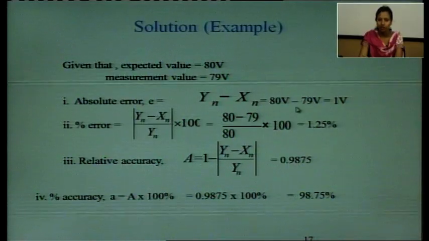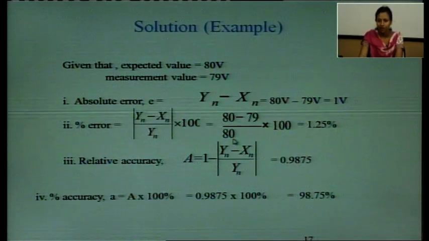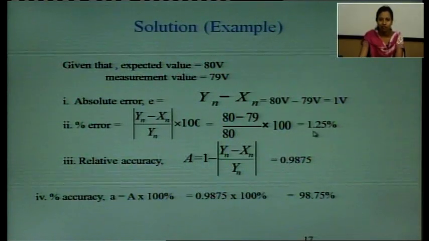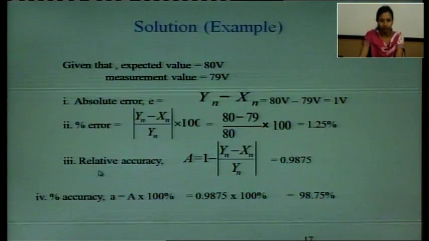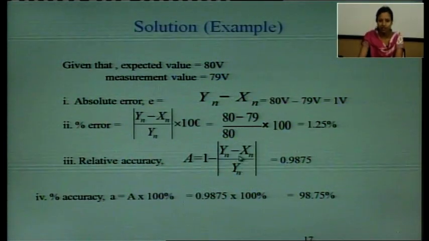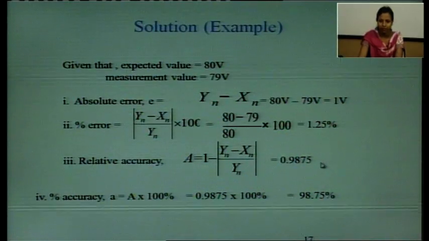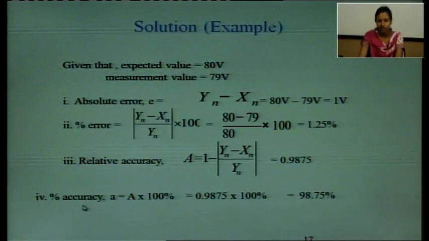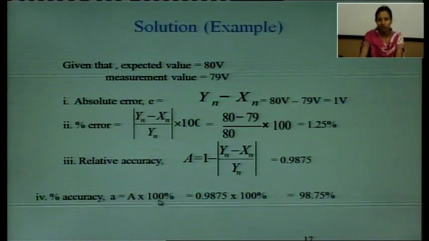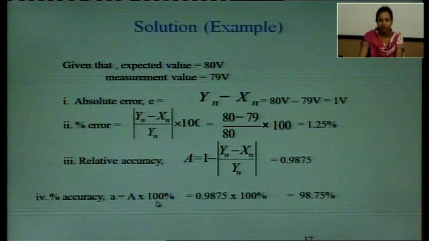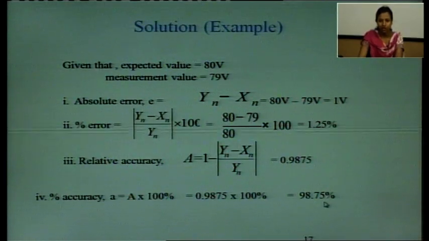So the difference of these two is 1 divided by 80 into 100 and it gives us percentage error of 1.25%. Third one is relative accuracy. It is 1 minus the relative error, and it is equal to 0.9875, while the percentage accuracy is multiplication of 100 by relative accuracy. A relative accuracy is 0.9875 multiplied by 100, it gives us 98.75.